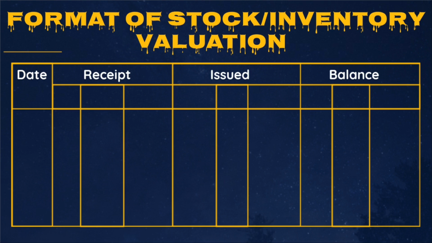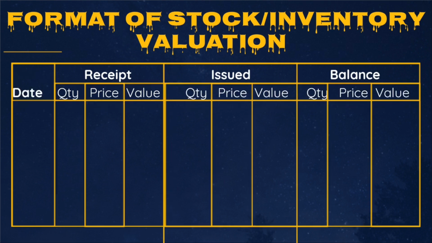So in preparing our ledger, we are going to divide the receipt side into 3, the issue side into 3, and the balance column into 3. The first one, the receipt side, we are going to have quantity, price, value. The same thing goes for the issue side: quantity, price, value. And the balance: quantity, price, value.